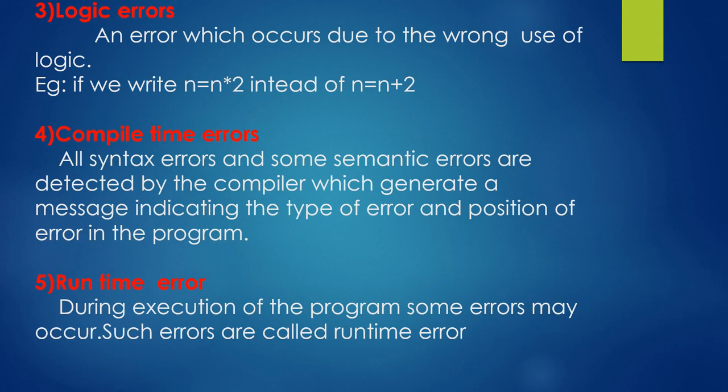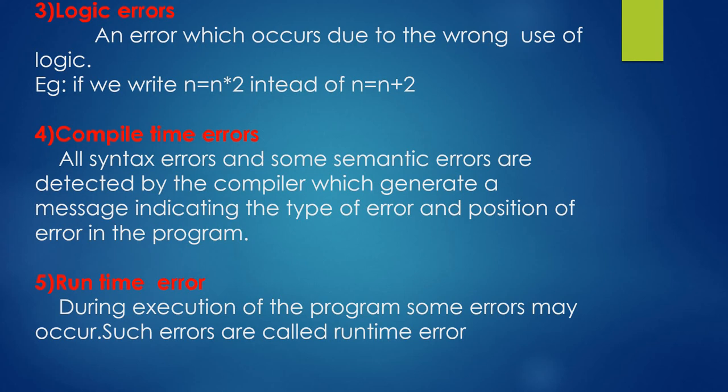But if you write product is equal to a plus b, it is not showing an error at the time of compilation, but you won't get the correct output. You will get the answer 7 for the product of 4 and 3. That type of error, wrong use of logic, is called a logic error.